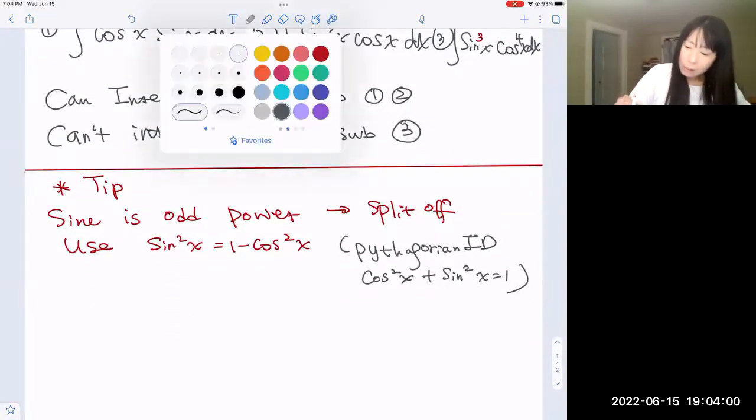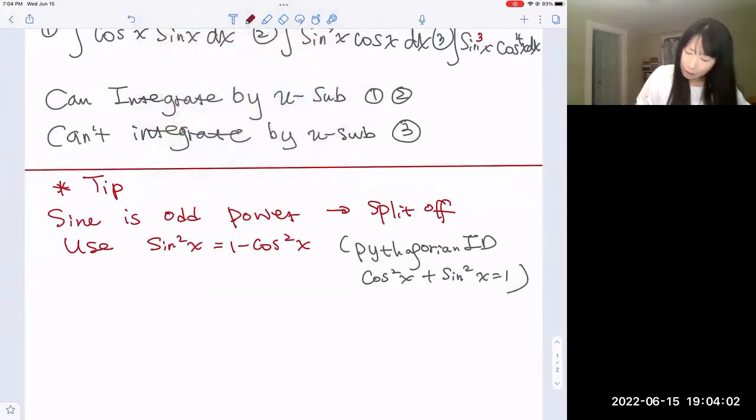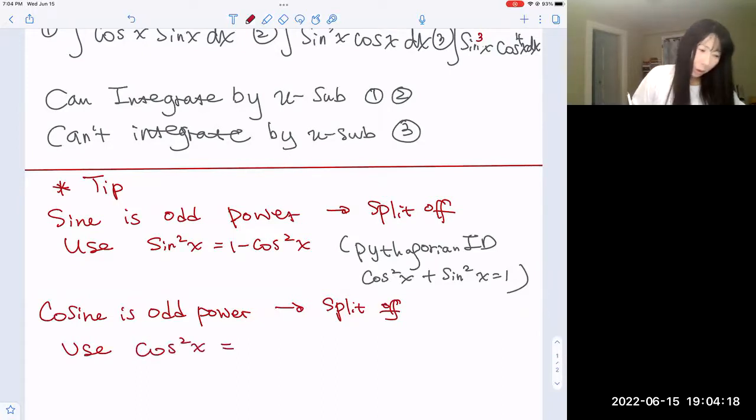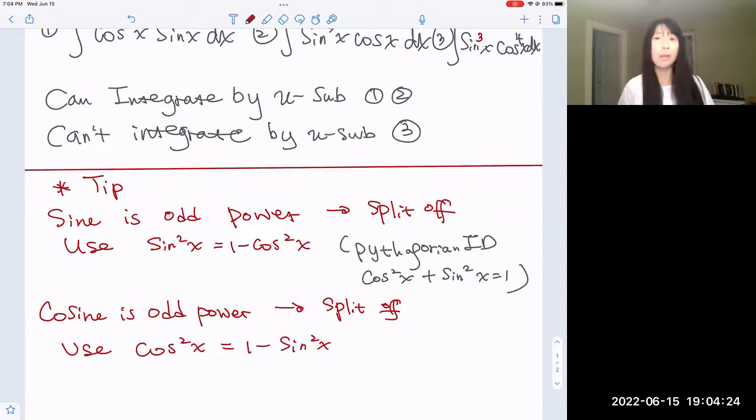Now, if we have cosine is an odd power, then we split off. Then we use cosine squared x equal to 1 minus sine squared x. Same as from the Pythagorean identity.